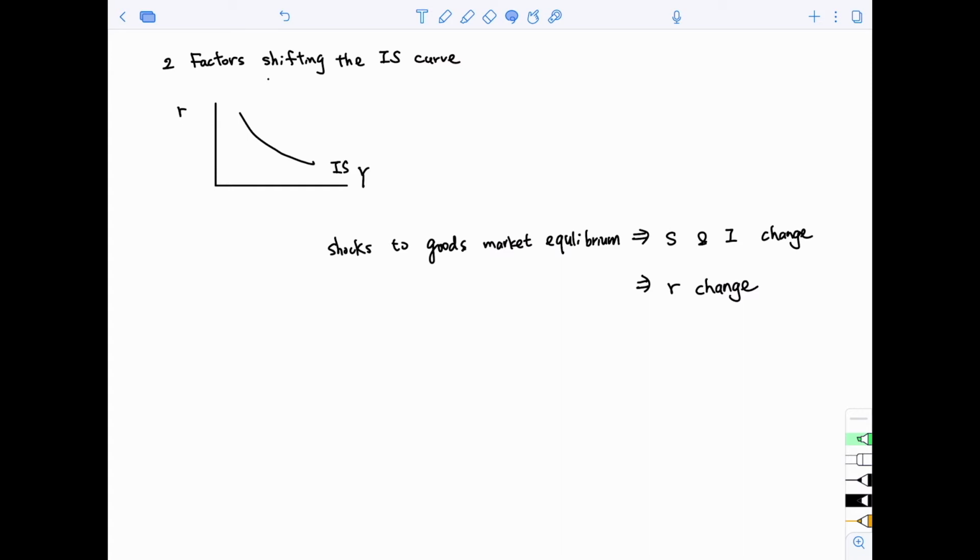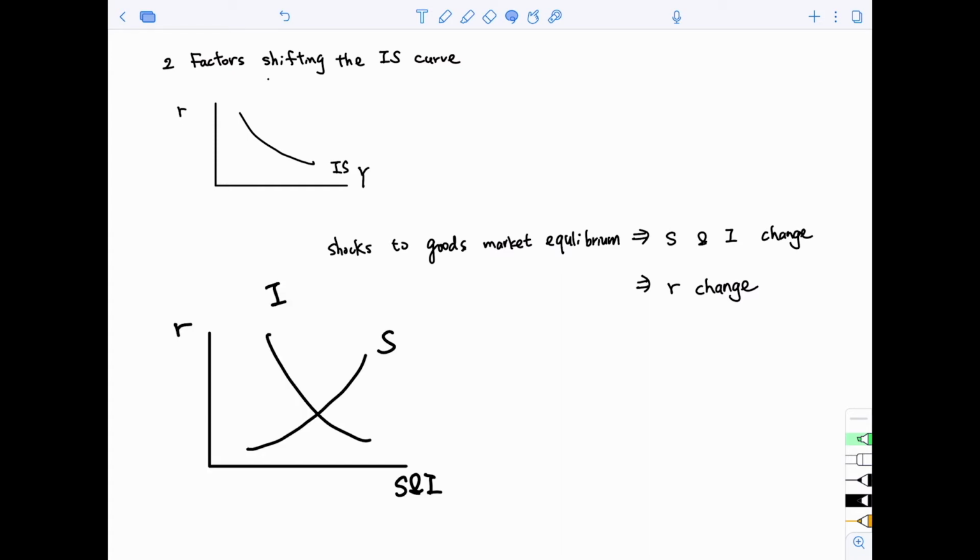Because saving or investment changes, the equilibrium price of the goods market, which is R, changes as well. So every time something happens to the economy, we look at how the event changes the goods market equilibrium. Therefore, we use the saving and investment diagram to identify what happens to the real interest rate when the shock happens, holding all other things equal.